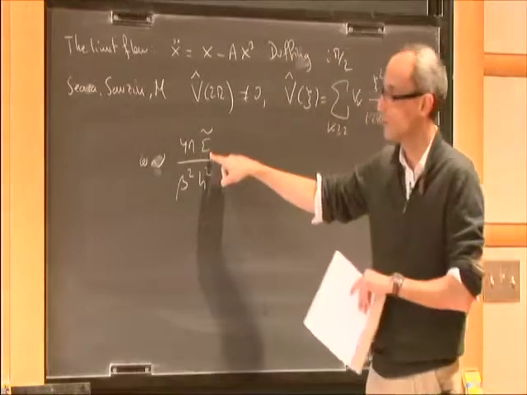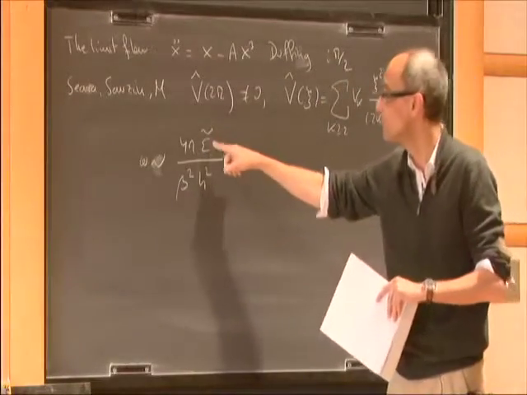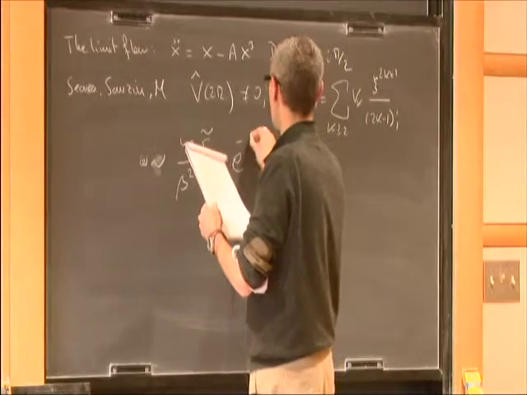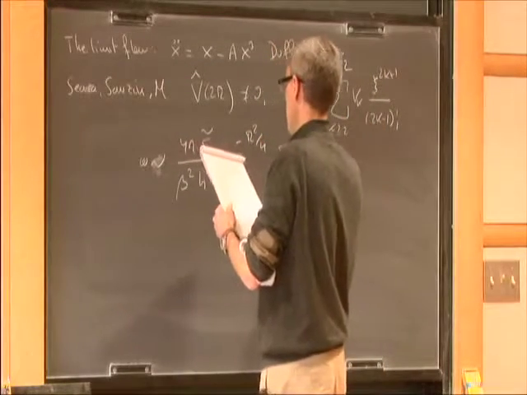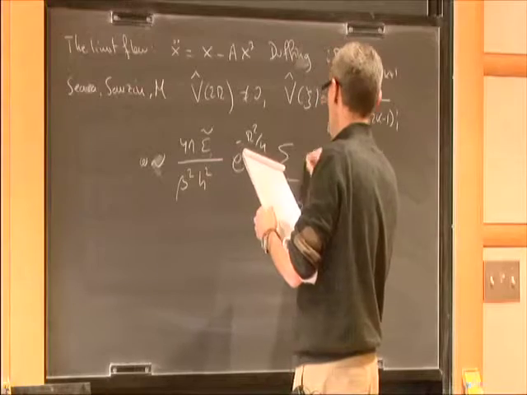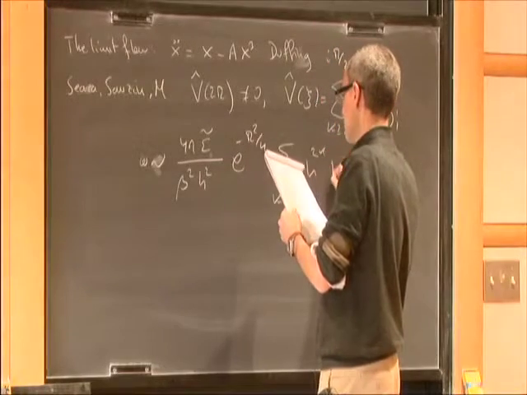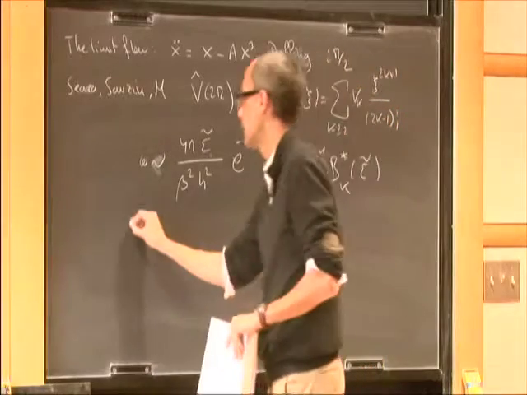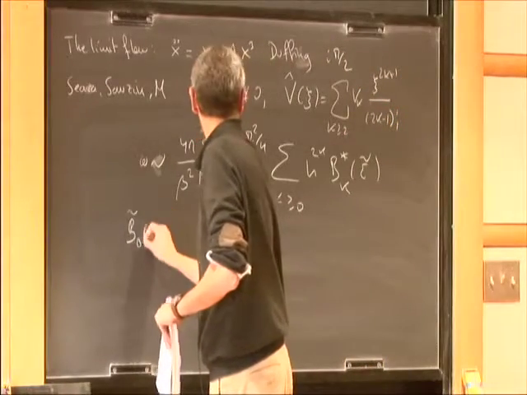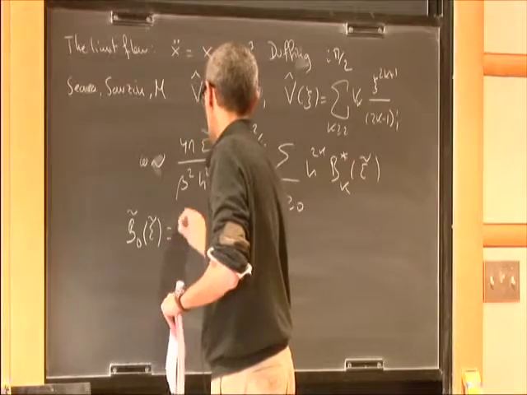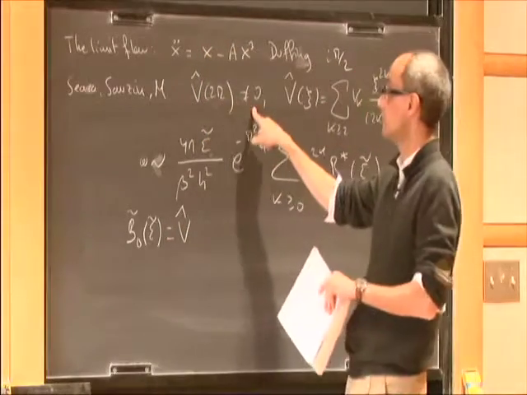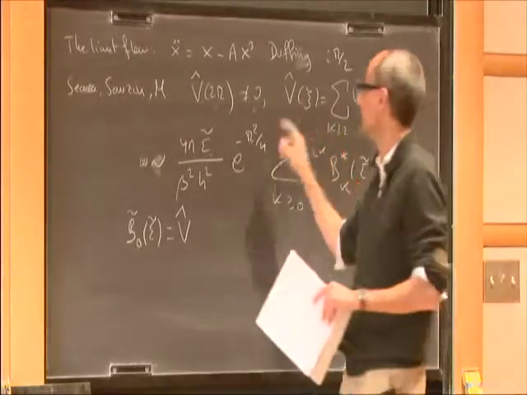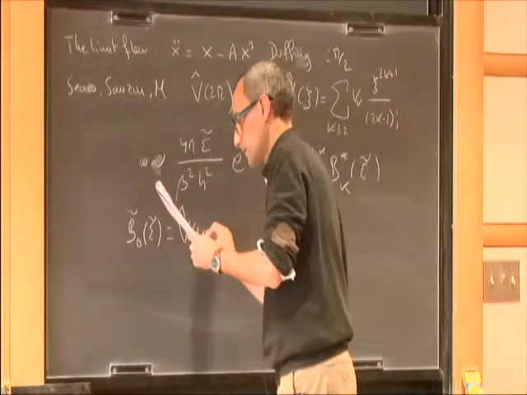This parameter is a reflection that when epsilon tilde is 0, there is no splitting, and then we need this assumption because the first term here is exactly this.